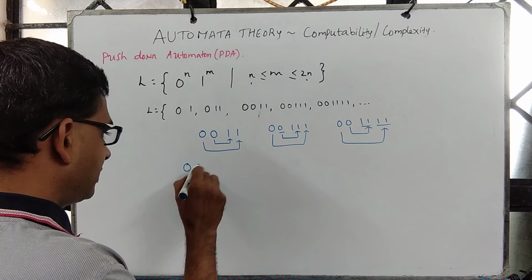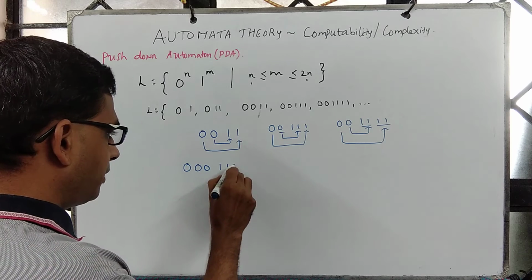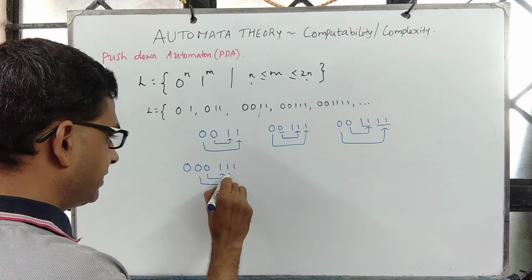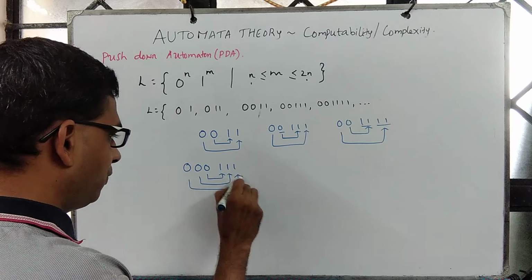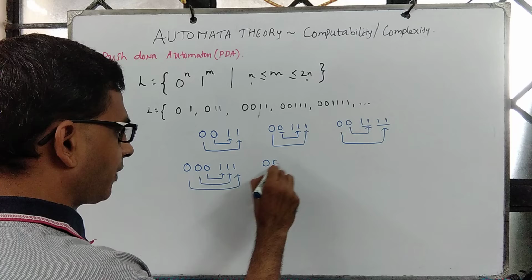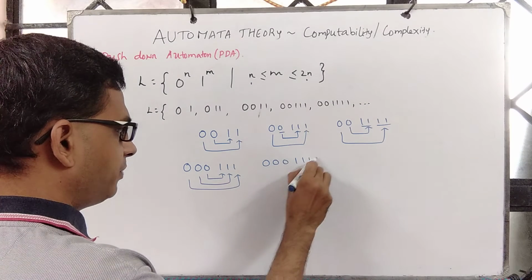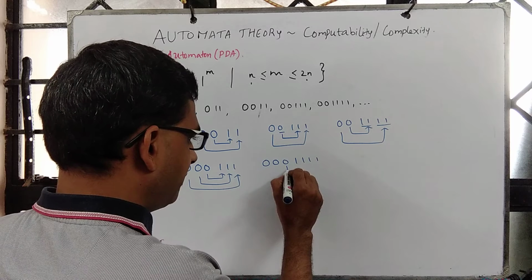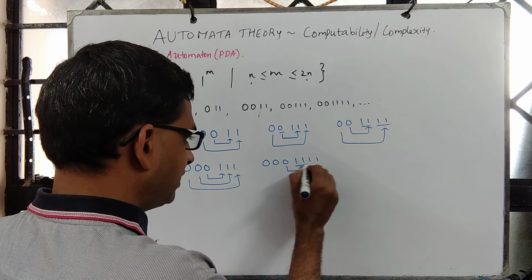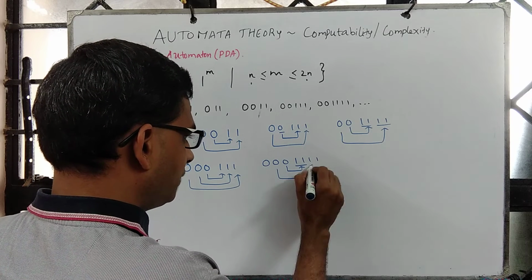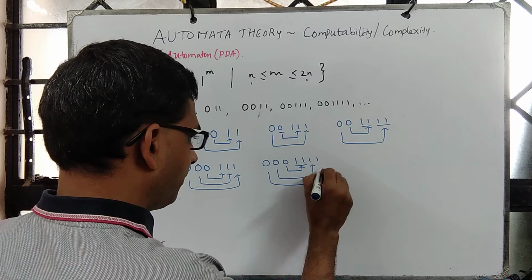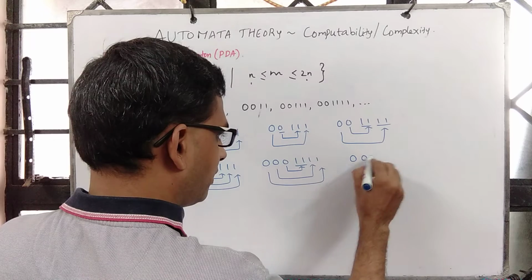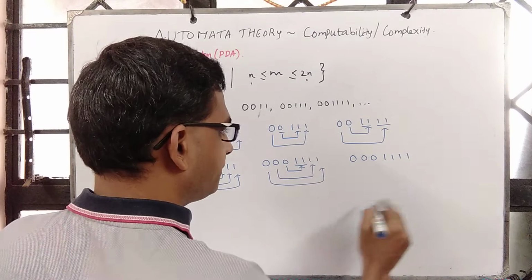Suppose the input is, say, 000 111, then you associate exactly 1 1 for each 0. Suppose the input is like this, then maybe for this 0 I associate 2 ones, this one 1 1, this one 1 1. Or for the same thing, you can also do this.